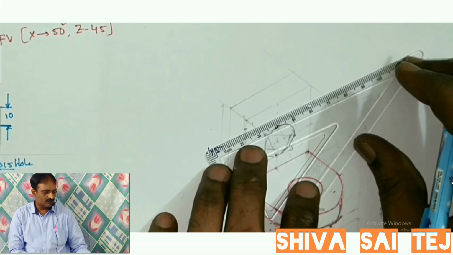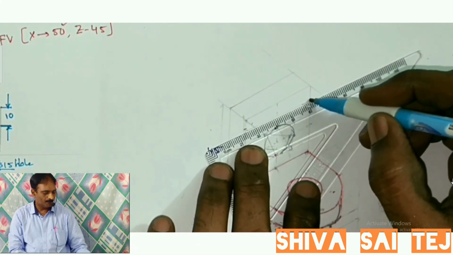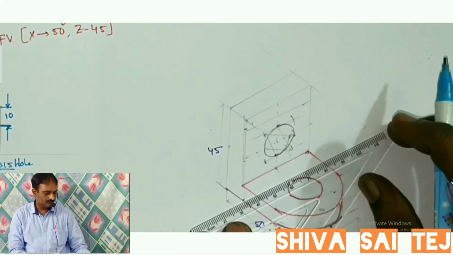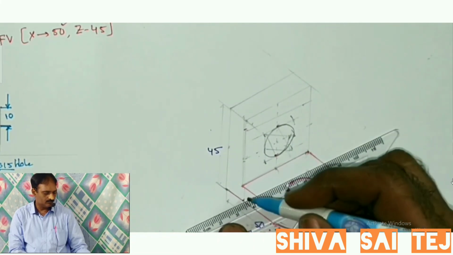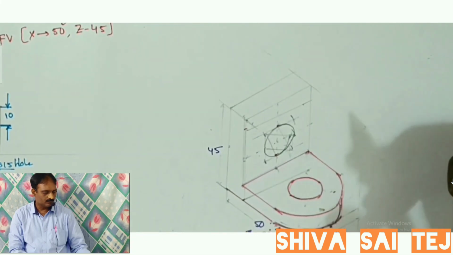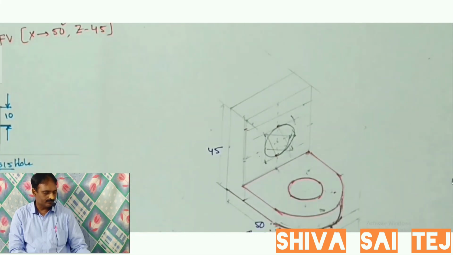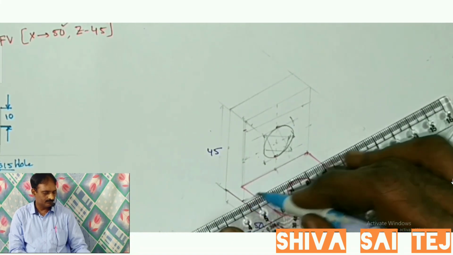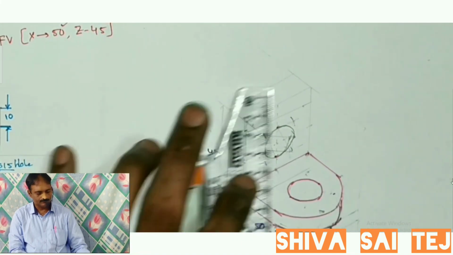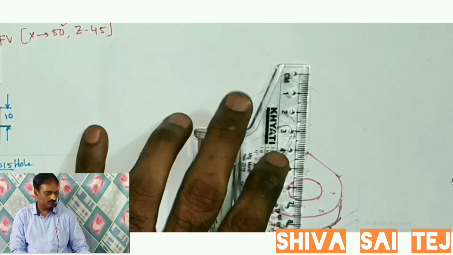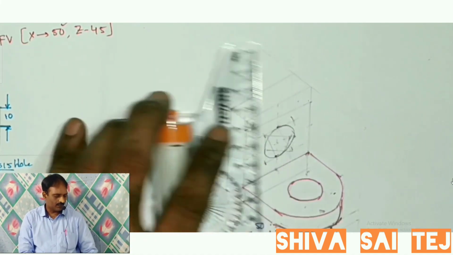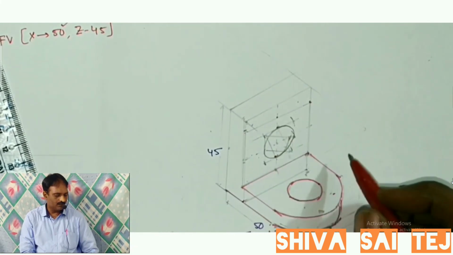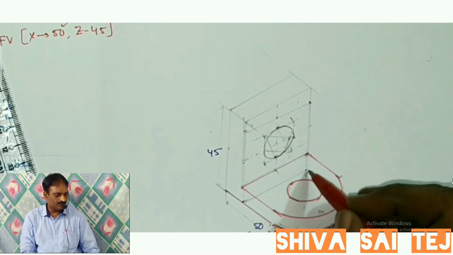So once the rhombus is completed, again from the shortest diagonal corners, join onto the midpoints.